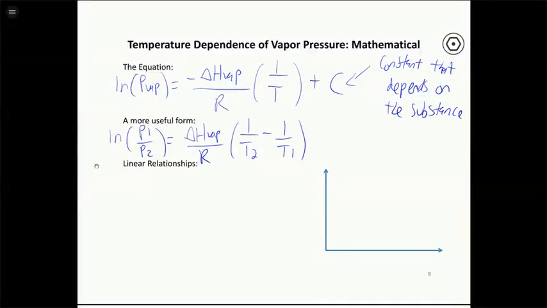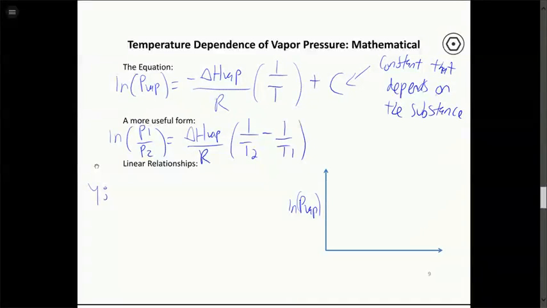So what we can do experimentally, if we want to measure then the enthalpy of vaporization, we want to measure this constant C, we look at linear relationships. So if we put the natural log of the vapor pressure on the y-axis, so that's going to be our y variable, is natural log of vapor pressure, and we're going to measure that as a function of 1 over the temperature. So on the x-axis is going to be the inverse of the temperature.